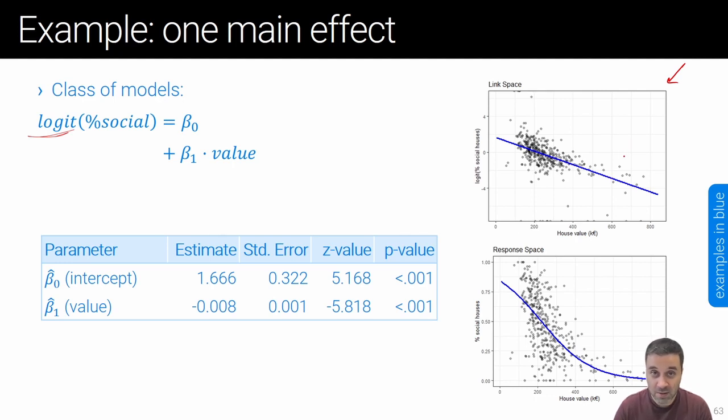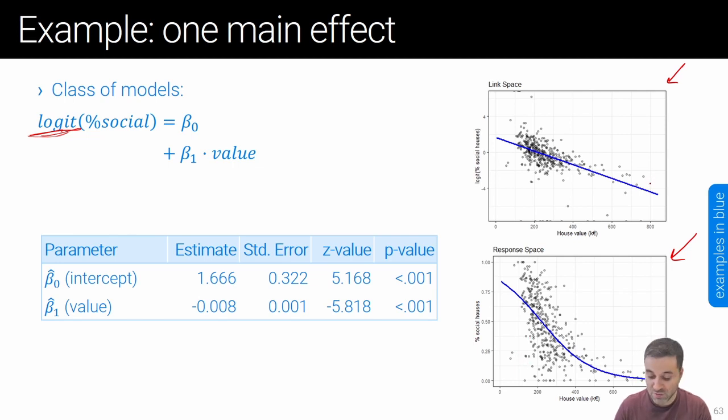It's all the same. And so what we have here is this linear relationship between the house value and the logit of social houses. If we were able to transform this regression line again using the logit function, it would look like something like this. So this is what the regression line looks like when we're plotting against the response, the actual scale of the response between 0 and 1.